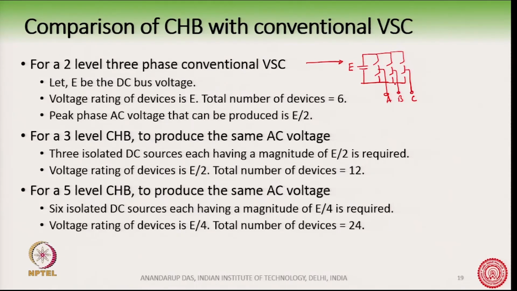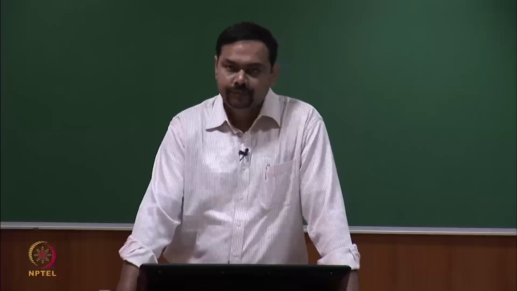Now, what is the peak phase AC voltage that can be produced? We have seen earlier that if we use sine PWM, then it is m times the DC bus voltage divided by 2.